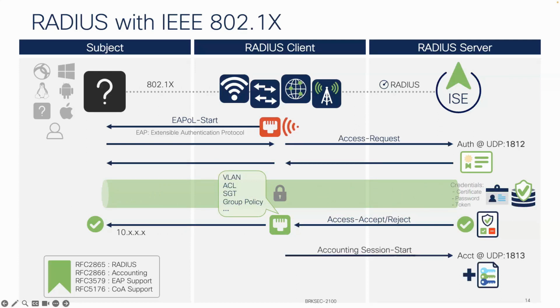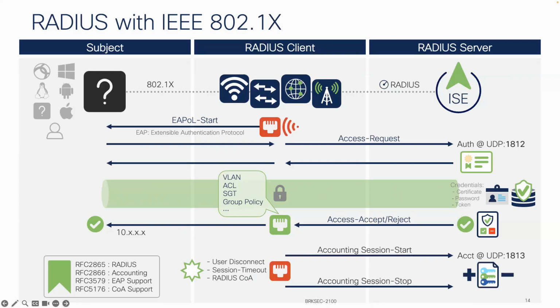That starts what we call our RADIUS accounting session, which basically increments your ICE license until some point in the future when you disconnect, you time out, or your authorization's changed for some reason. Maybe you're doing bad stuff on the network, so we detected it with some other security applications and changed it on you. That's when your session may stop, and that's when we decrement your license. So that's the way RADIUS with 802.1x normally works.